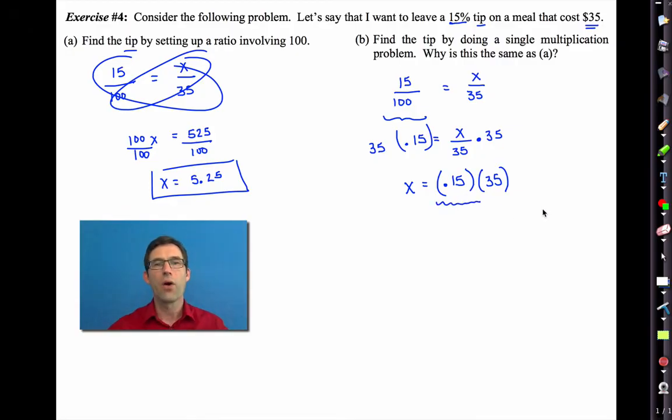This is often called the decimal form of 15%. So the decimal form of 15% is 0.15. The decimal form of 25% would be 0.25. The decimal form of 36% would be 0.36. And now if I take my calculator out and just do 0.15 times 35, we get that 5.25, right? In one single multiplication, we get our 5.25.